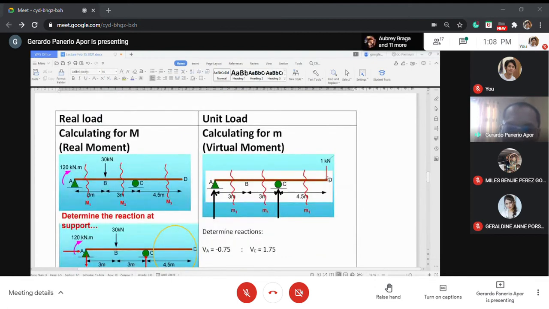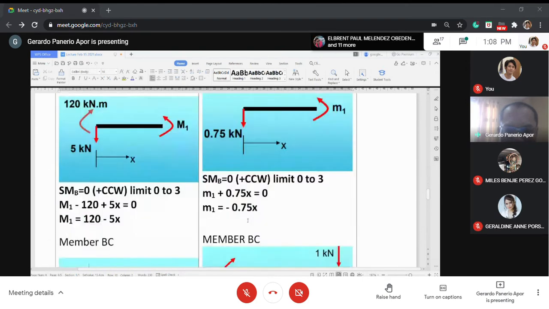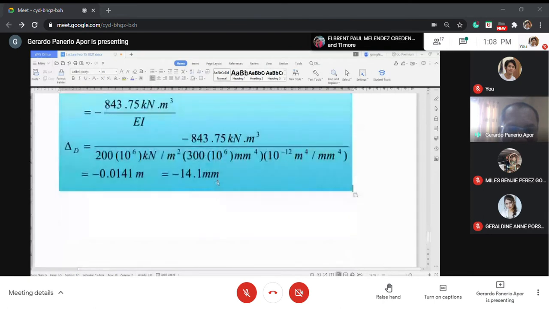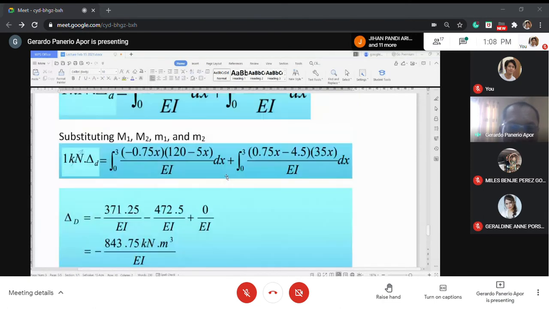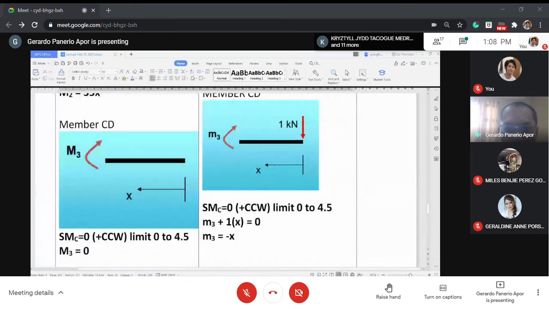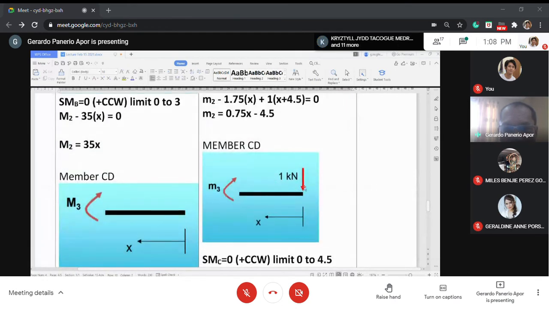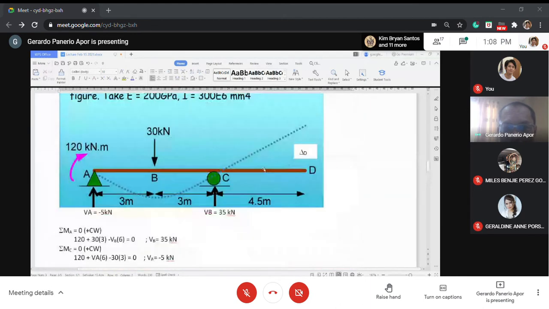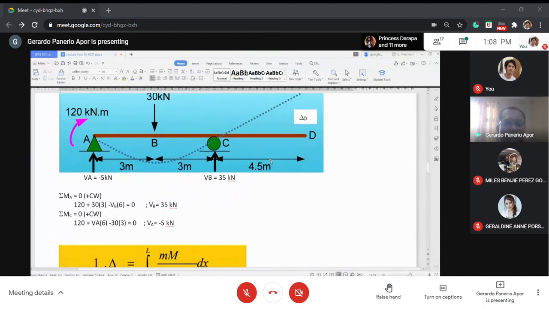I have mentioned that if you do that, the magnitude is still the same, only the sign will change. The answer is that in your assumption of the virtual load, the unit load is going down, whereas the actual deflection is going up.